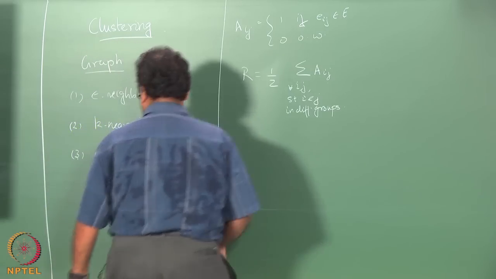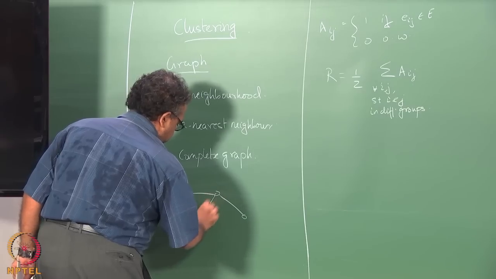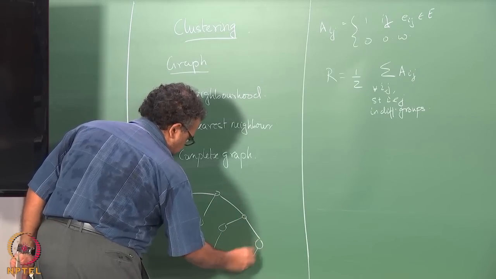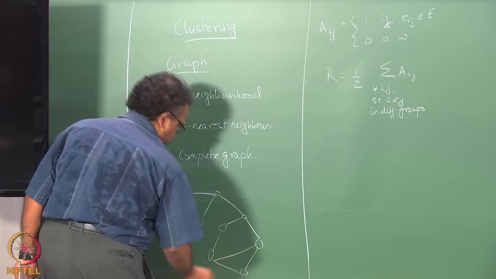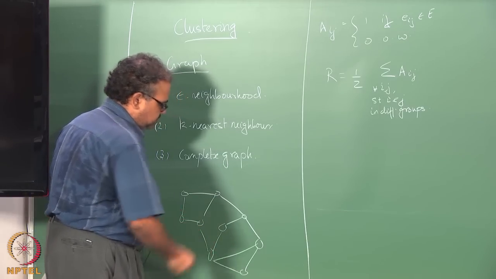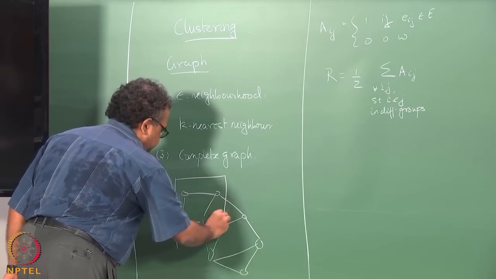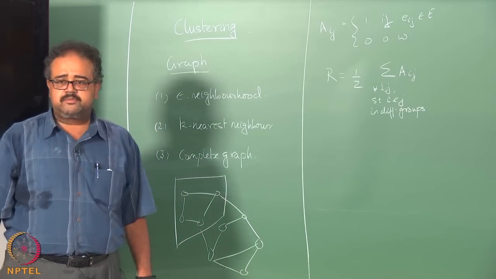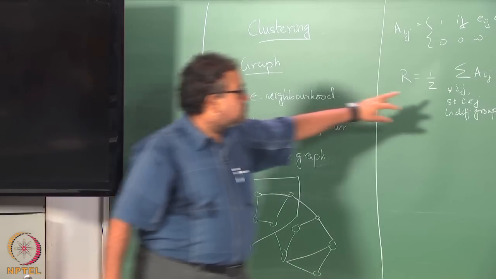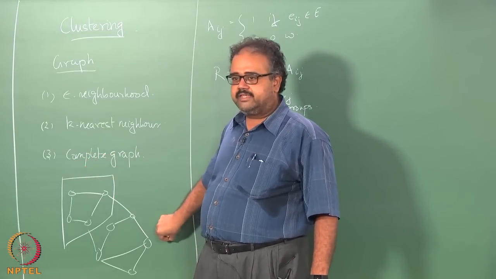So I have a graph, something like this, let us say, and I divide that into two groups, that is one group, that is another group, right. So I am going to sum up all of these such that i is in one group, j is in the other group, right.